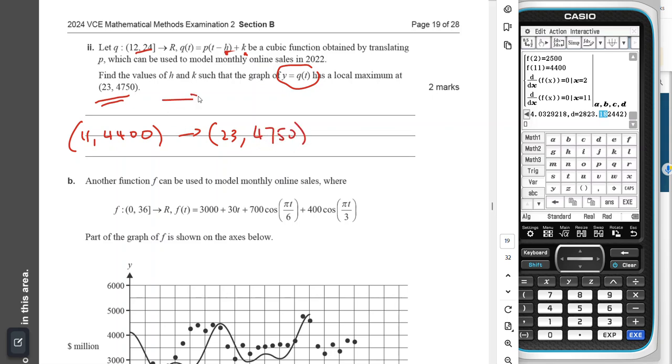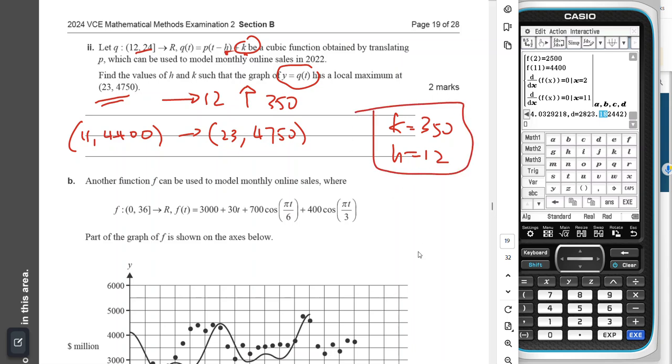So I wish to go across from 11 to 23, which is 12, and I wish to go up 4400 to 4750, so 350. So the K is positive 350, and the H to the right is also positive 12.